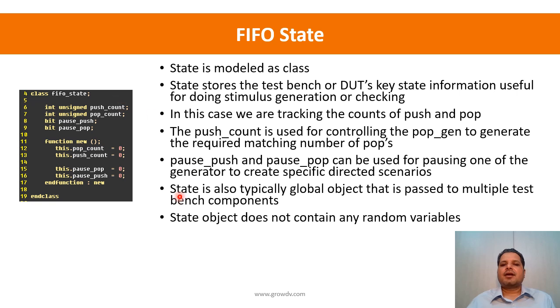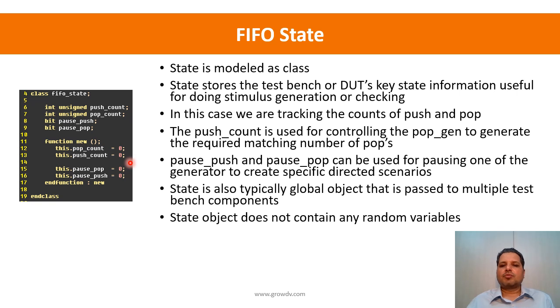A state type of object is typically created to track the DUT state as well as the test bench state. You can track the overall state, and any state information that you want to track can be present as a part of your state object.